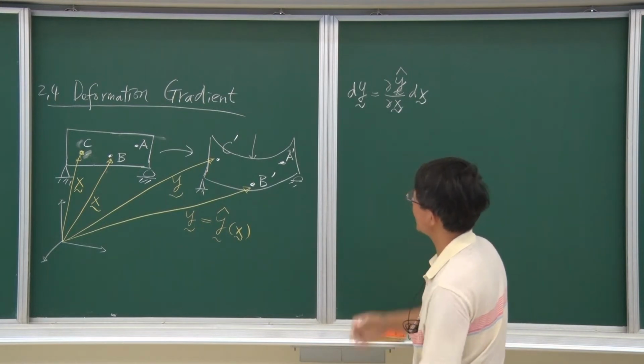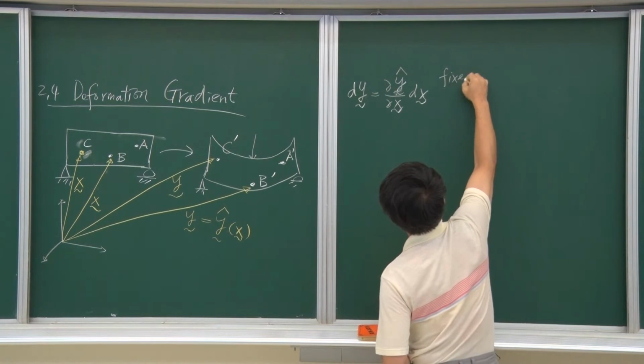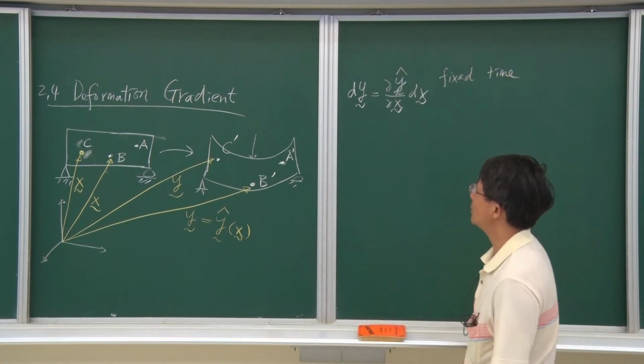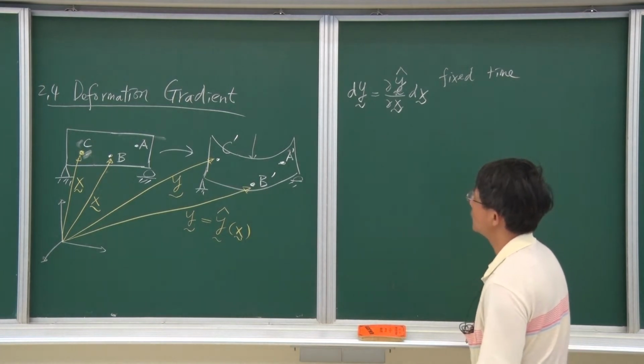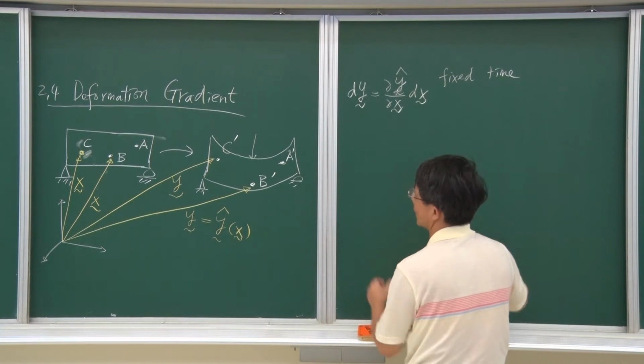And then we get this relation for fixed time. So we get the relation between the material points, material line, okay?